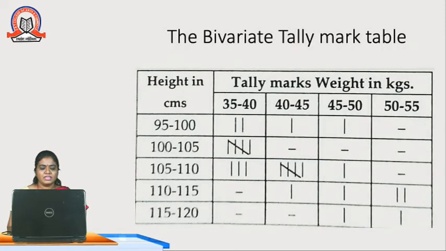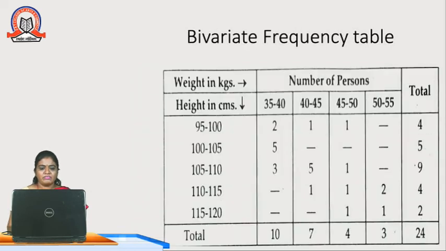According to that, the class limits are distributed like this: 95 to 100, 100 to 105, 105 to 110, till 120. Similarly for weight, 35 to 40, 40 to 45, 45 to 50, 50 to 55. Now, seeing the given question, we make the tally marks. Finally, adding the tally marks, we get the value 24 for the number of persons whose height and weight are given.